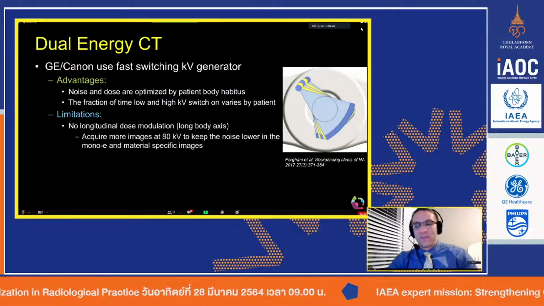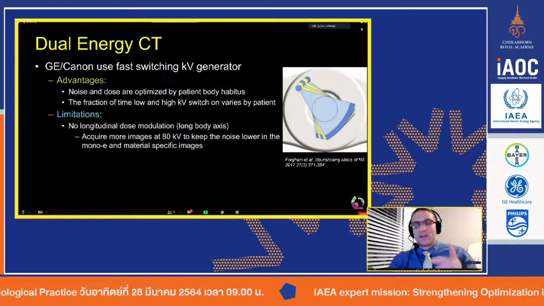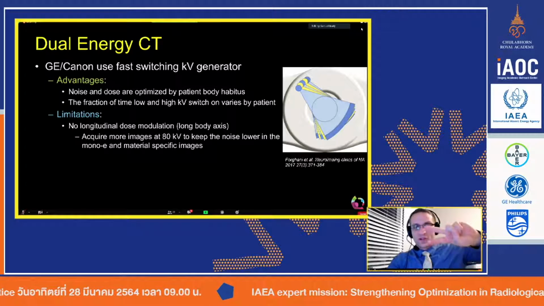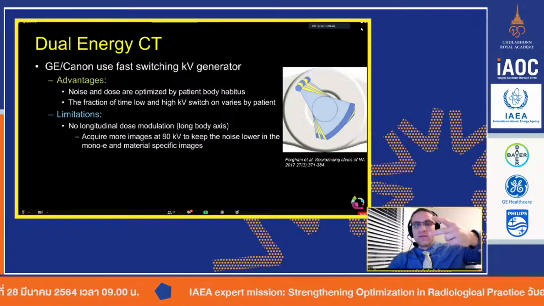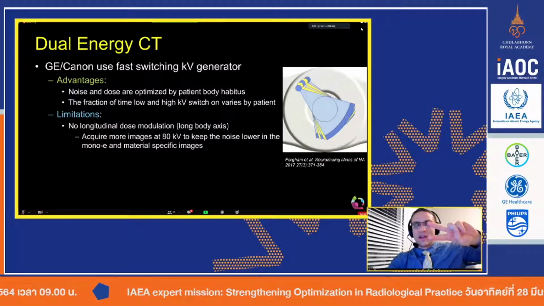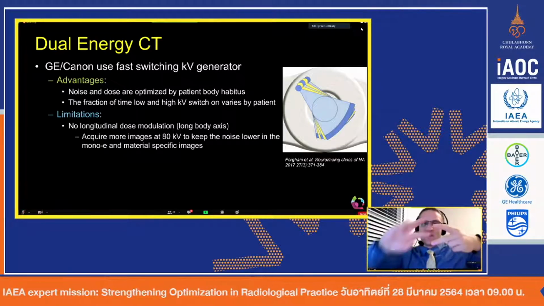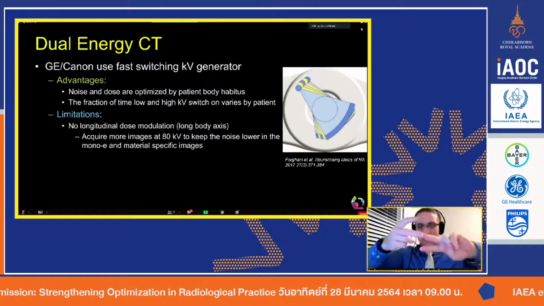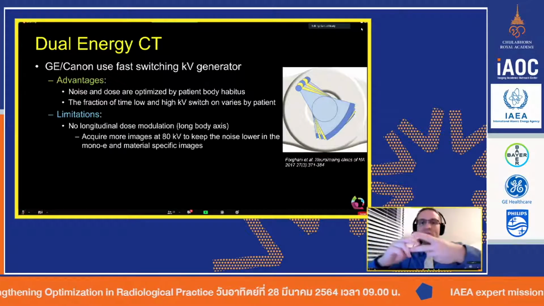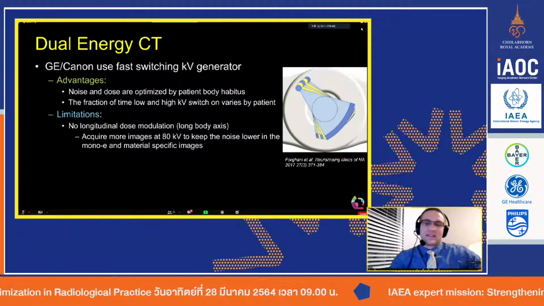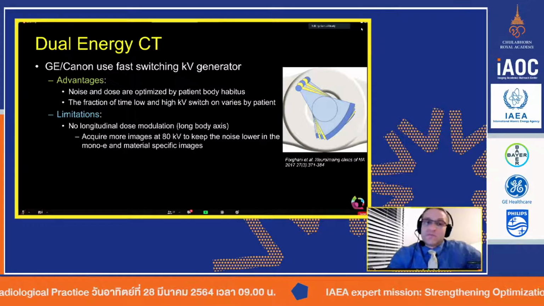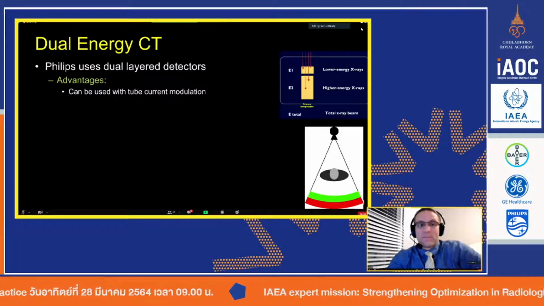You don't need it. But you have to do that because it can do a very quick switch between low and high KV, but it can't switch the MA, then switch the KV, then switch the MA, switch the KV and switch the MA. It's very difficult doing that. So as CT scanning technology improves, maybe one day they will be able to do that.